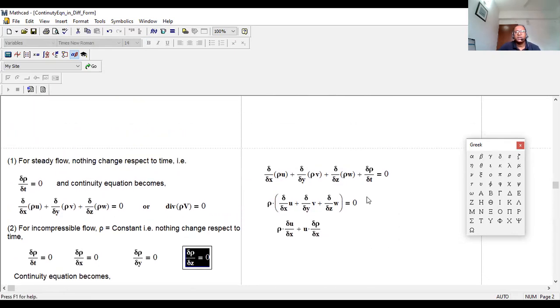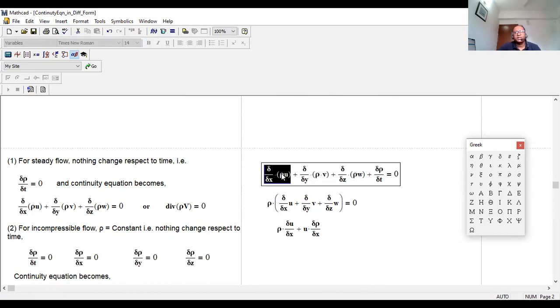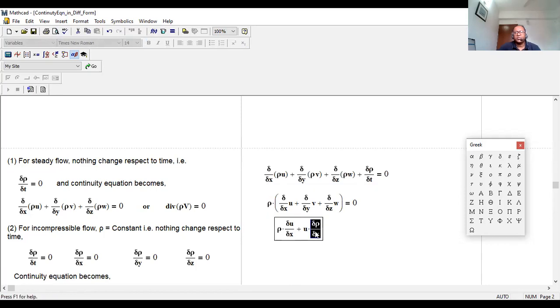Even rho u, you can break into two terms like this: rho into del u by del x plus u into del rho by del x. Rho is not changing with respect to x, so this will be 0. So we have only this term.